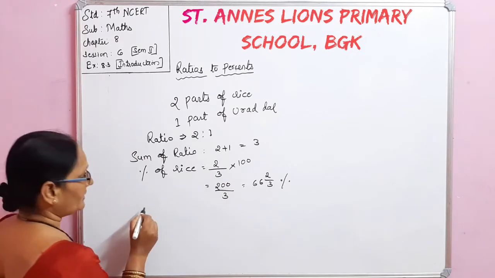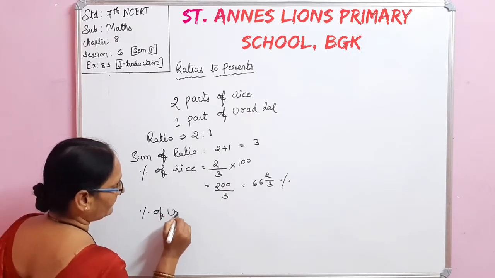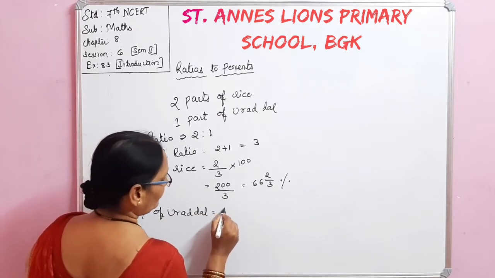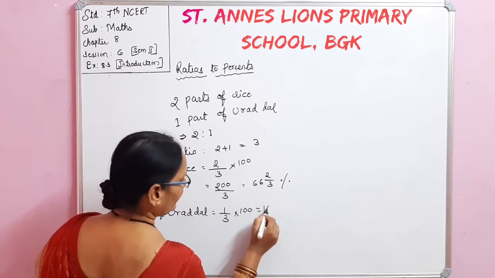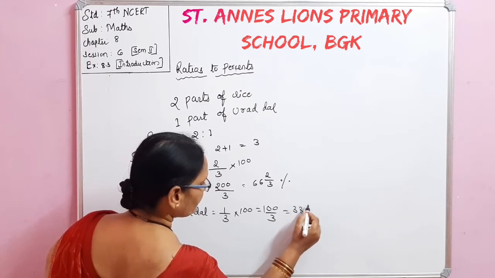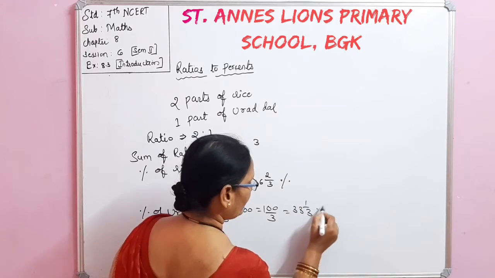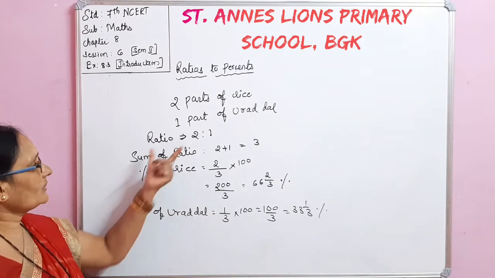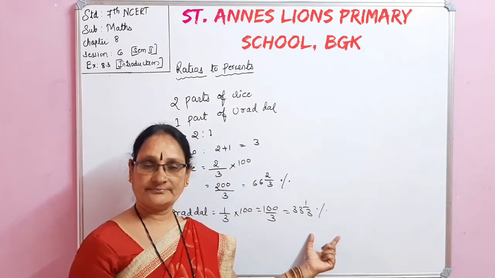In the same way we take the percentage of urad dal: 1 by 3 into 100, which is 100 by 3, that is 33 and 1 by 3 percent of urad dal we are using. Now the ratios are converted into percentages.